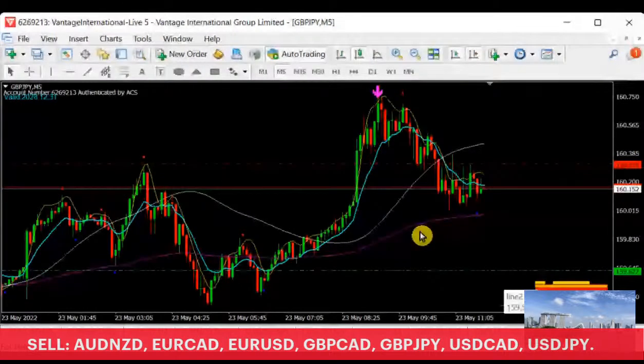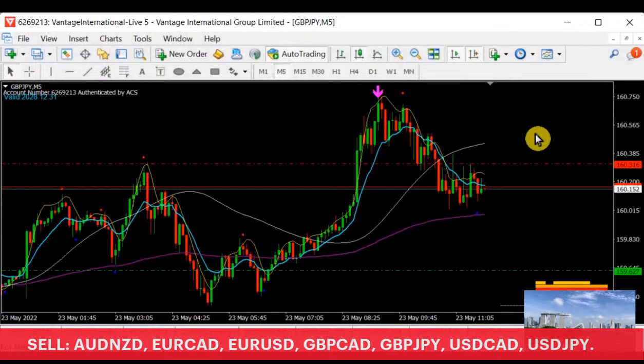When sellers are still willing to sell at a lower price, that shows the selling volume and strength is very, very strong. This is how I take the theory plus the concept and put it into action.